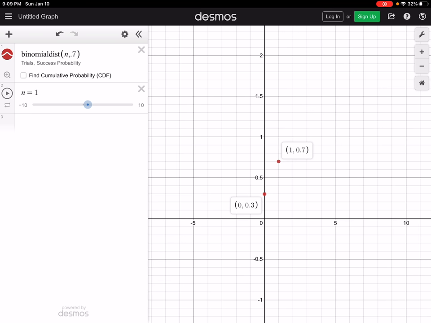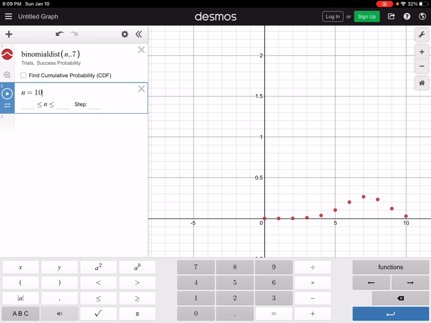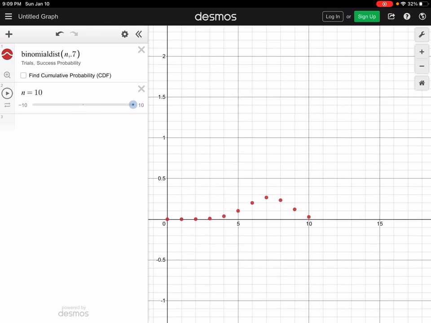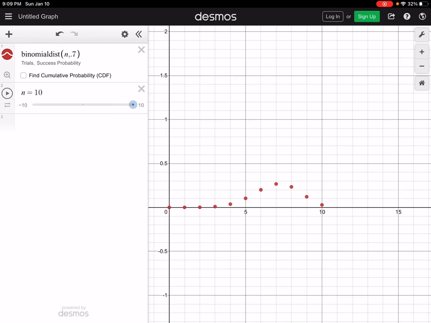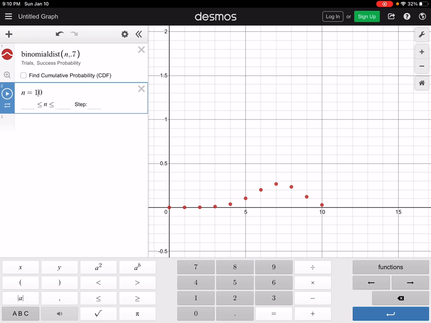But if I make my n bigger, let's say 10, here's what our distribution looks like. It's not really symmetric, there's more stuff on the left than on the right, but it's starting to look kind of bell curve-ish.